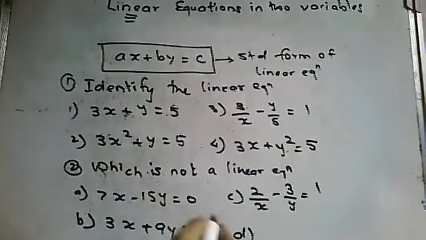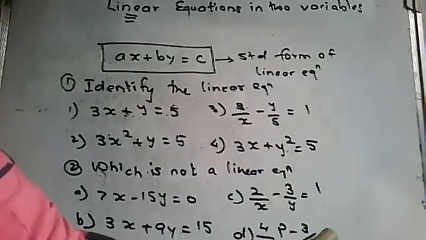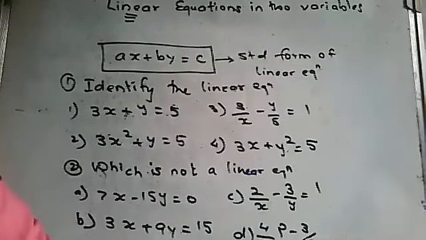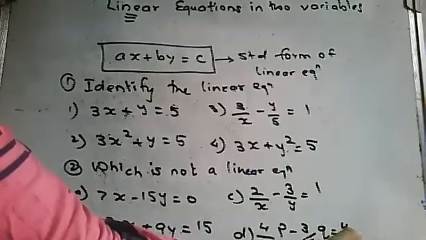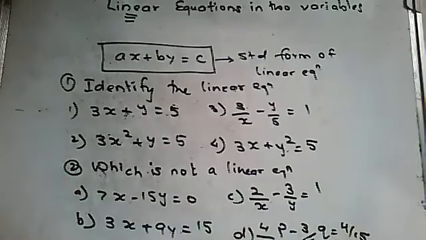And the last one would be, suppose 4 upon 5p minus 3 upon 4q is equal to 4 upon 15. And the question is, which is not a linear equation? Correct, all answers are right. On this part, these two questions may be asked.